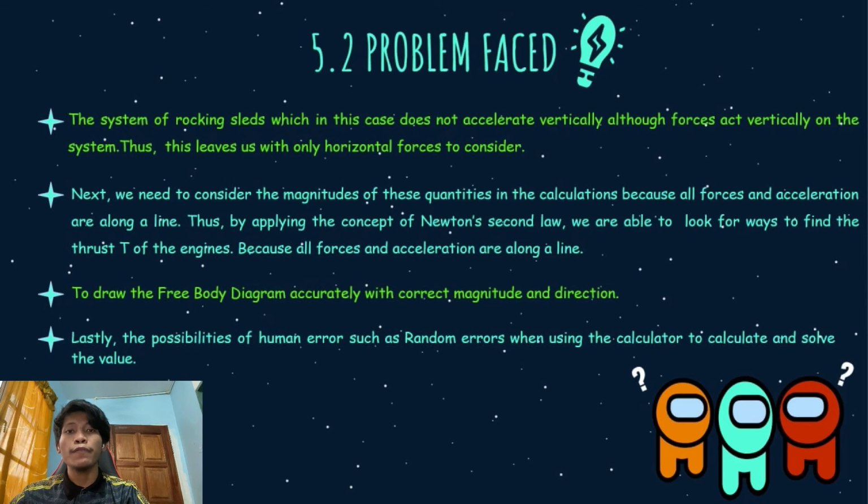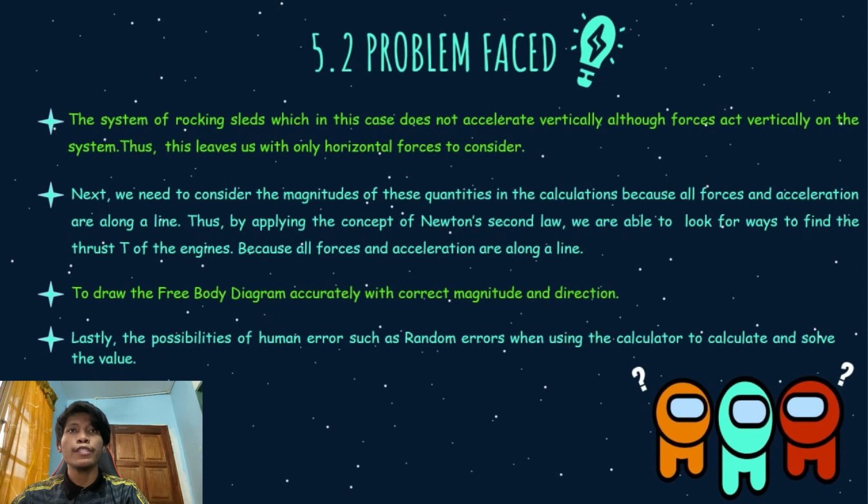In order to solve this question, there are several problems that we have identified, and the problems are as follows. The rocket slide system does not accelerate vertically, although forces act vertically on the system. This leaves us with only horizontal force to consider.